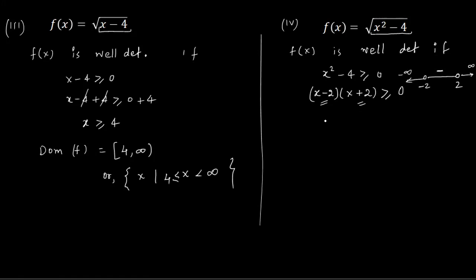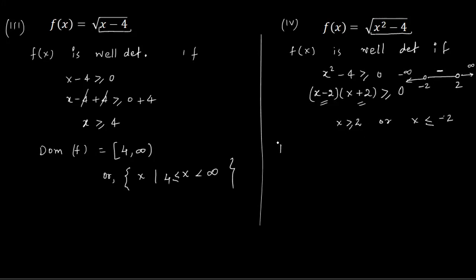So how do we write this? The inequality which satisfies this is x is more than 2 or x is less than negative 2. At x equal to negative 2, we get 0. And at x equal to 2, we get 0.